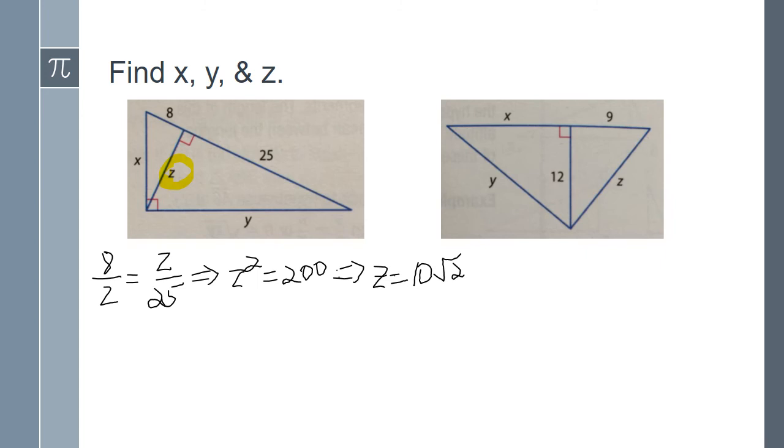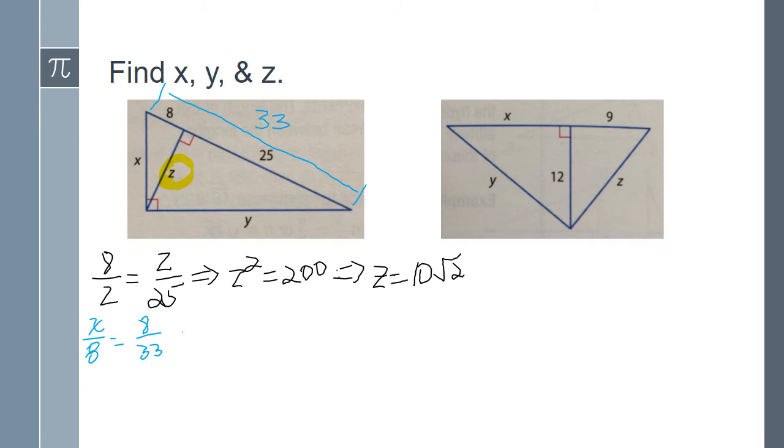On the next problem now, x. So let's do that in a different color. So x over 8 equals, now keep in mind this whole length you need for this problem is 33. So x over 8 equals 8 over 33.